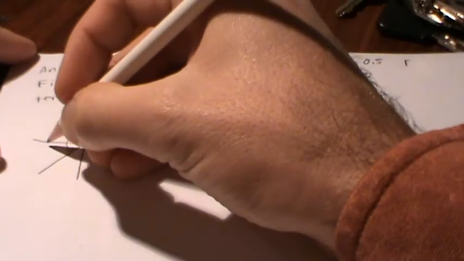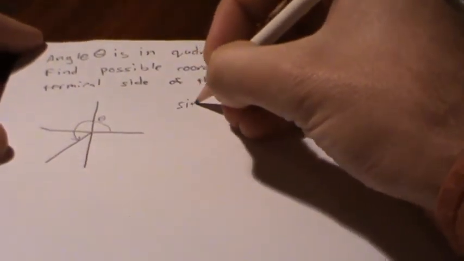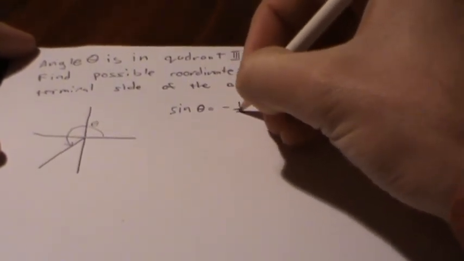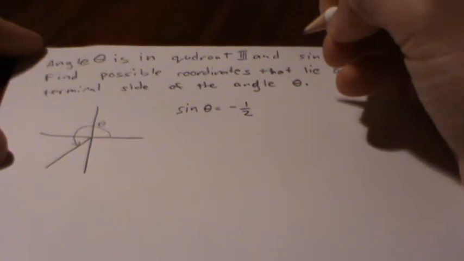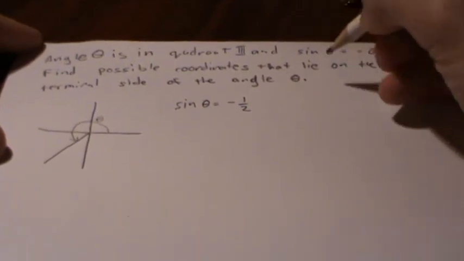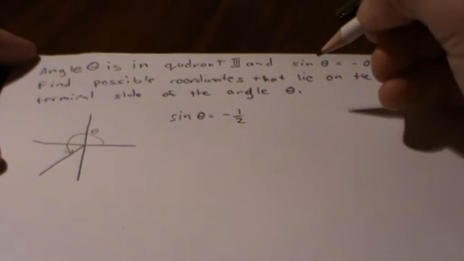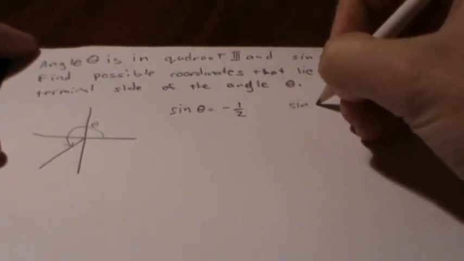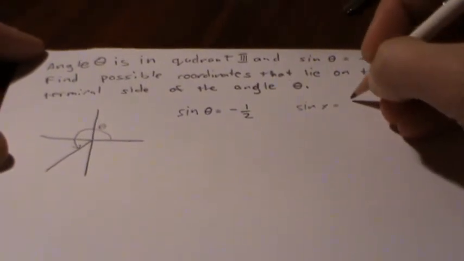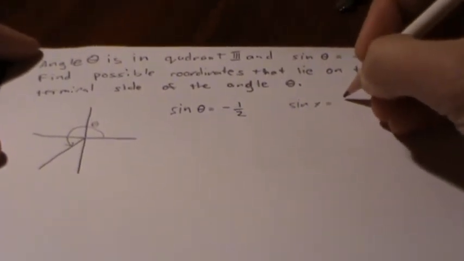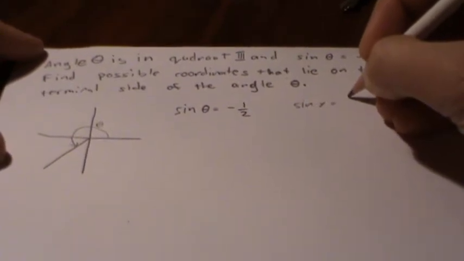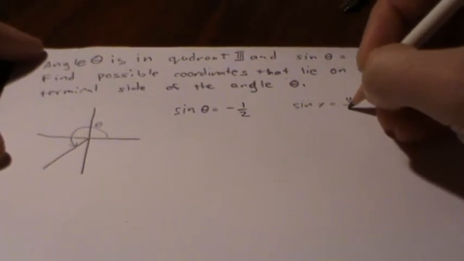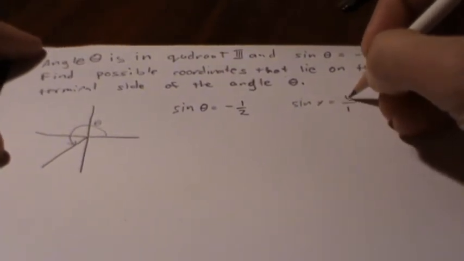I also know that the sine of it is negative 1/2. I converted the 0.5 into a fraction. I did that because I know that the sine of an angle is equal to the opposite side over the adjacent, or also we could use the y coordinate over the, sorry, I said opposite over adjacent.